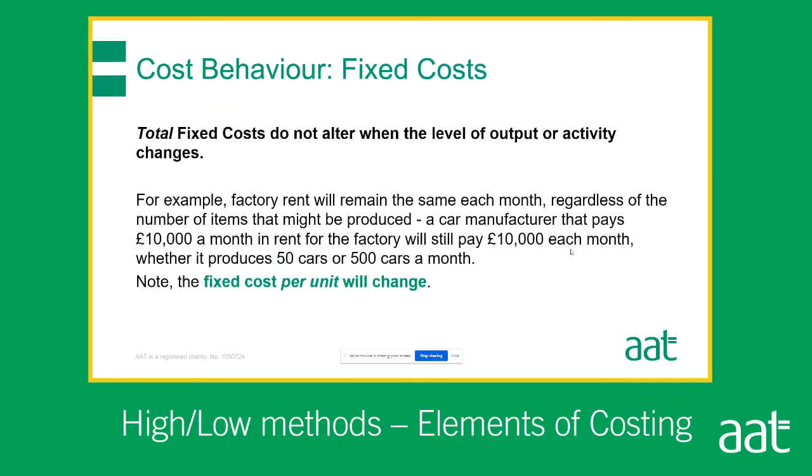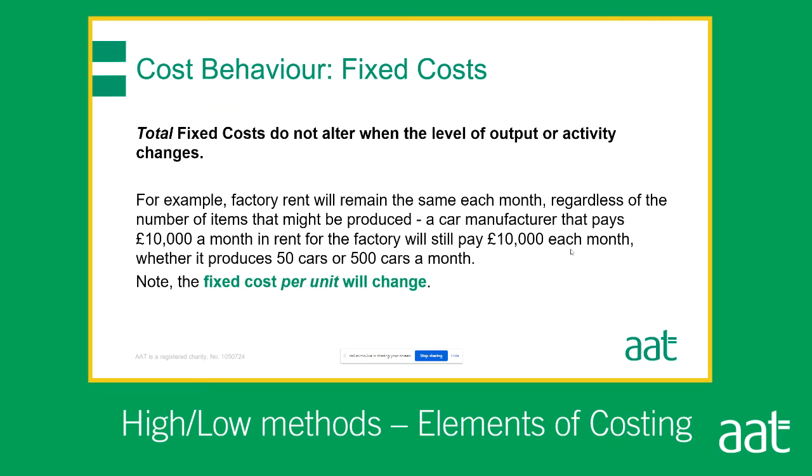So our total fixed costs do not alter when the level of output or activity changes. For example, our factory rent will remain the same each month, regardless of the number of items that might be produced.